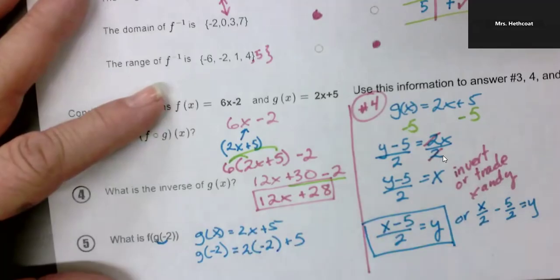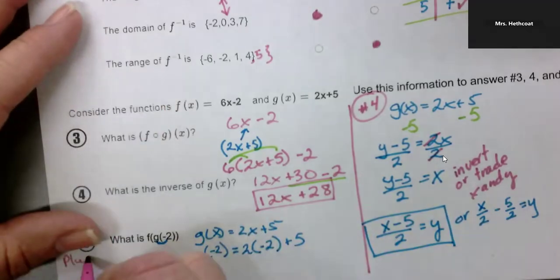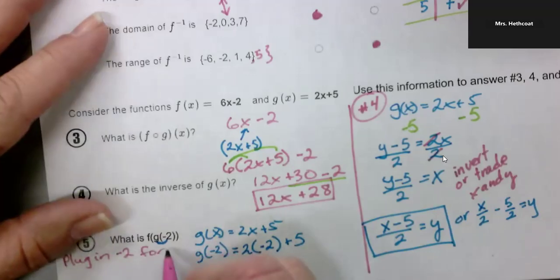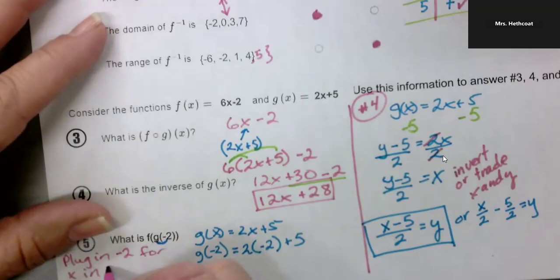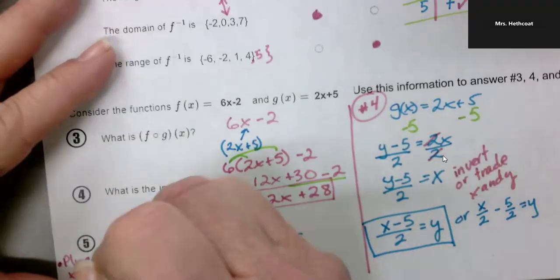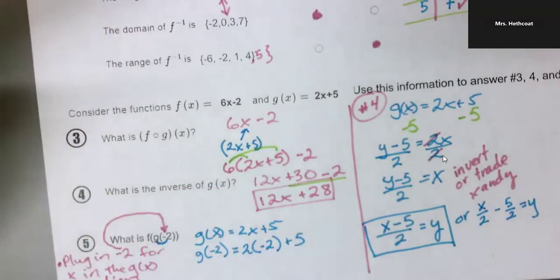And let's go ahead and write that in words over here. So you're going to plug in negative 2 for x in the g of x equation. That's our first step. Let's give that a bullet. Maybe even do a little line from the negative 2 to where we can see the negative 2.